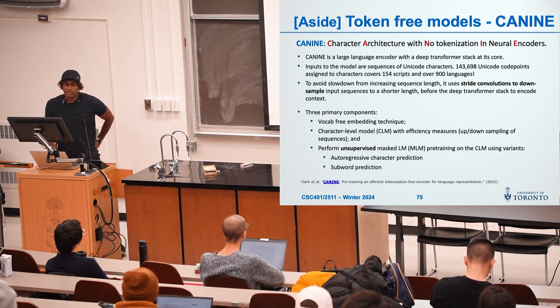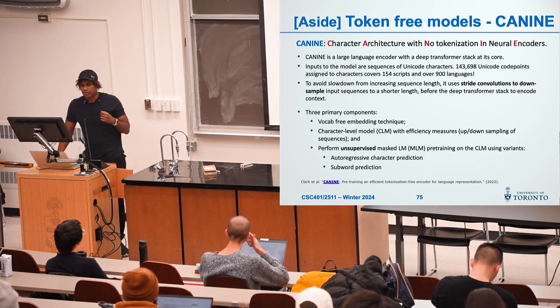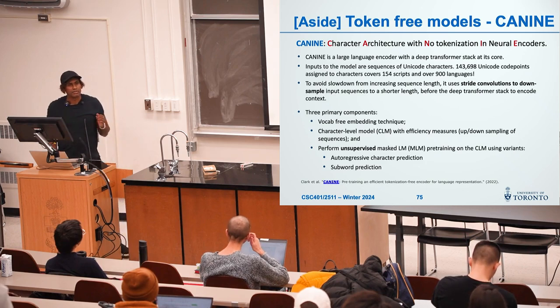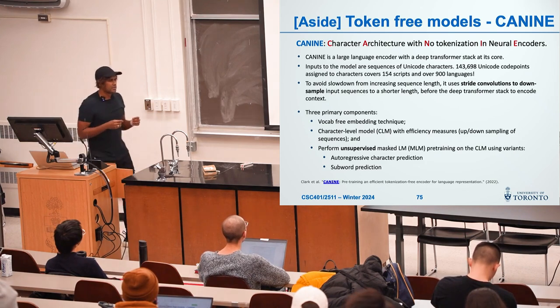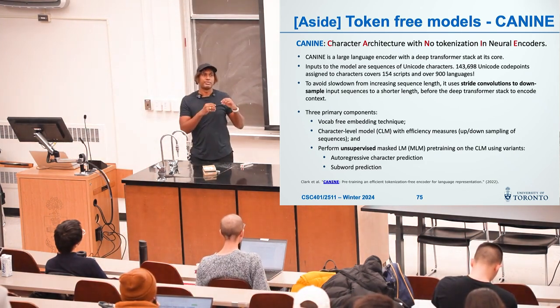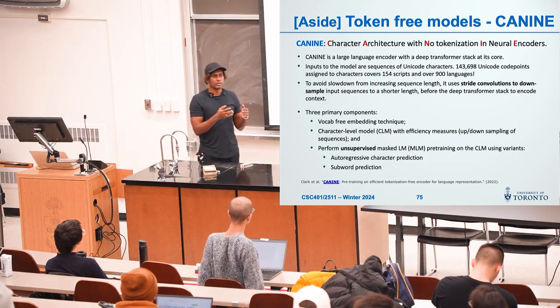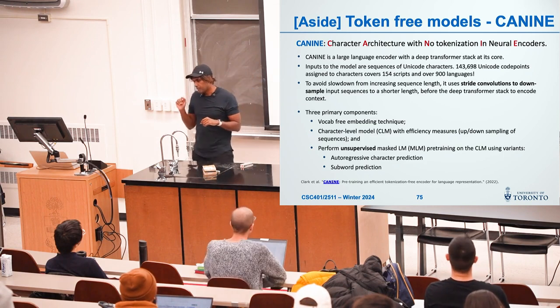And then next, I wanted to present just one token-free model, but this is again a side, so this will not be tested. At a high level, all these token-free models, there's another one by T5, which is a variant of T5 but without tokens, like byte-level T5. The link is on the website.